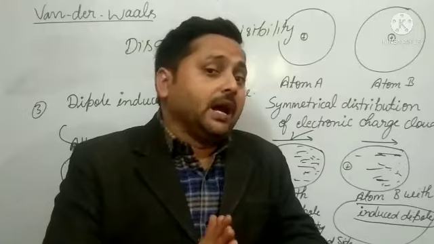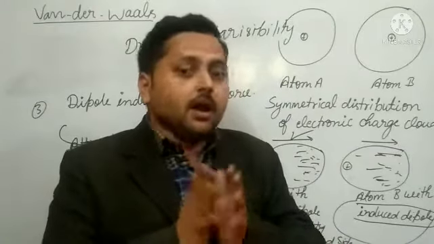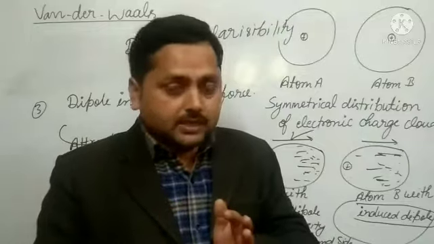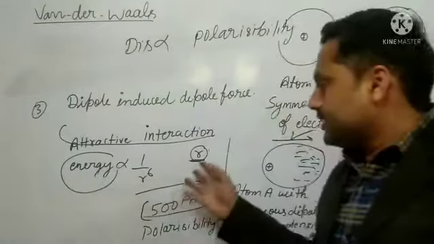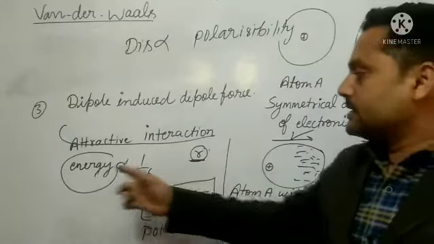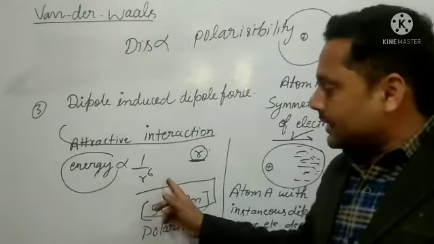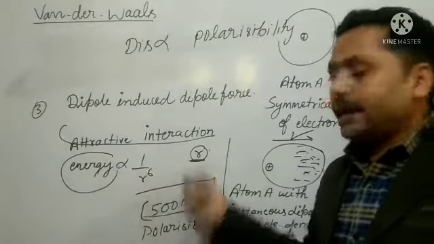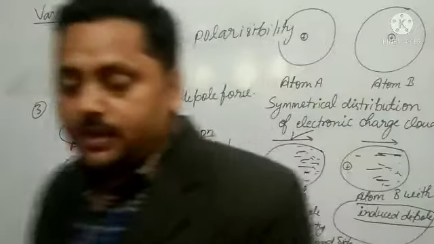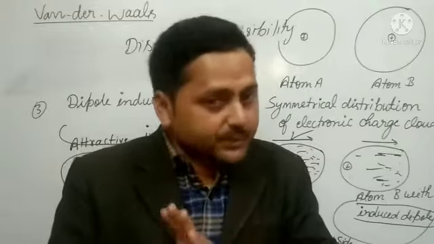Okay students, and this is applicable up to 500 pm, not more than that. Pm is picometer, and it is inversely proportional to the sixth power of the distance between the interacting particles, where r is the internuclear distance between interacting particles. Okay, thank you so much students.